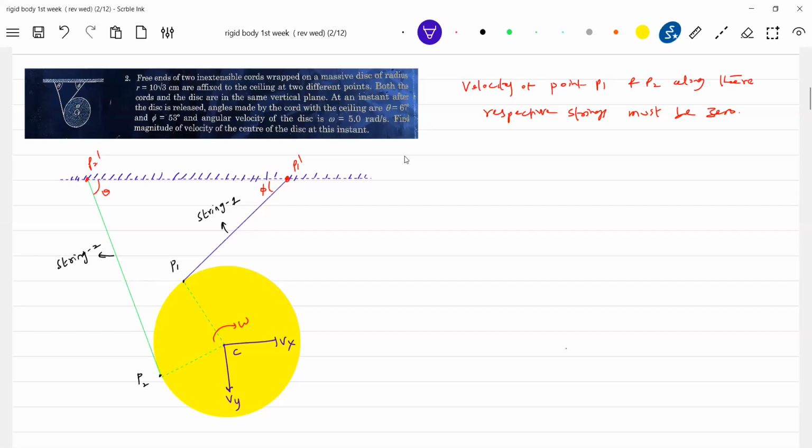It will try to move in this particular plane if I release it. It is going to have tangential velocity, x component and y component. Then similarly here also, tangential velocity, x component and y component. Then the resultant of all along the string must be 0.